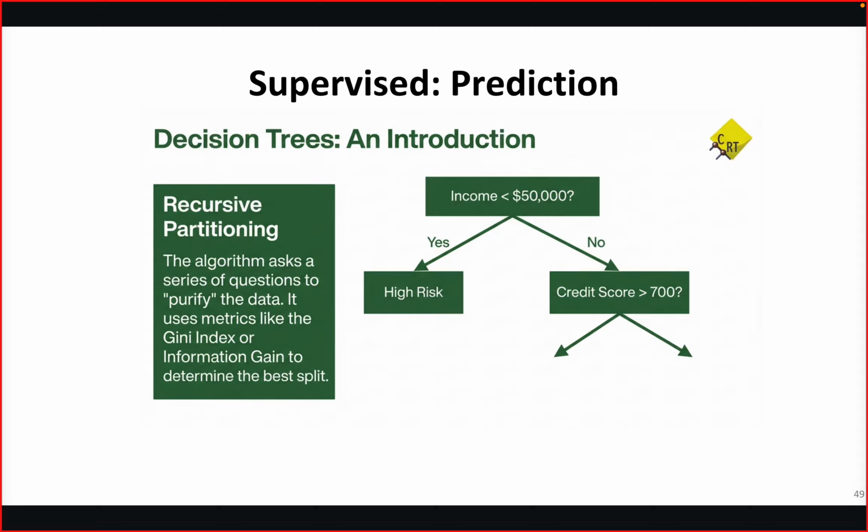And how can we purify the target variable? Grouping by what? By target variable or by feature? Which one?